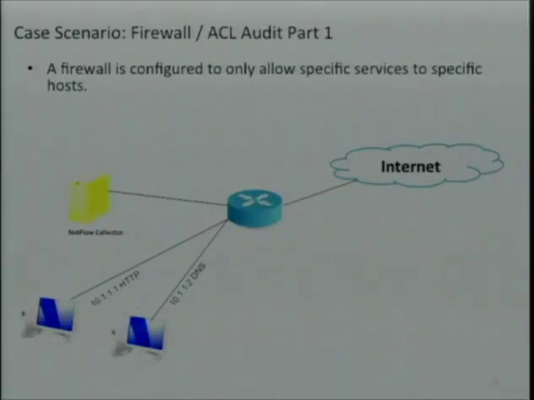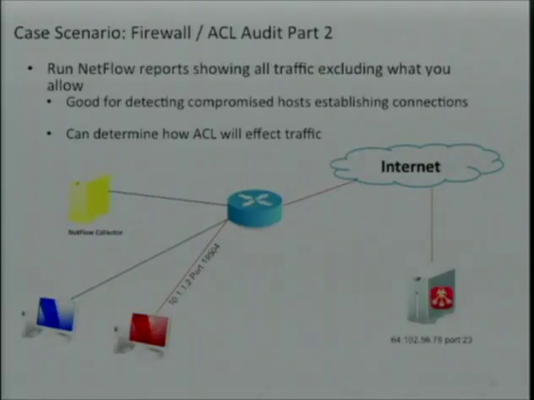So, firewall and ACL audit. NetFlow can be used to validate traffic flow from one area of your network to another for policy reasons. Think about data center to internet traffic, or traffic that is subject to regulatory compliance such as HIPAA or PCI. And obviously a firewall is configured to only allow specific services on specific ports.